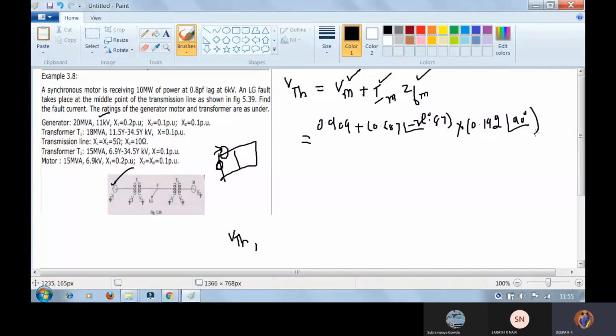So now do the substitution and tell me what is the VTH value. First, multiply that, then convert it to rectangular, then add again. Finally, keep it in polar form only. Do the simplification.